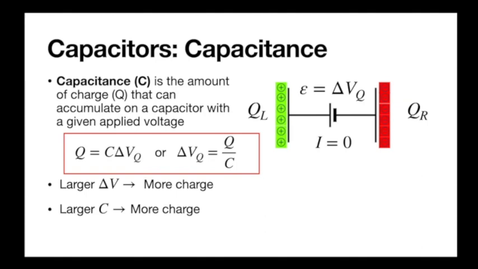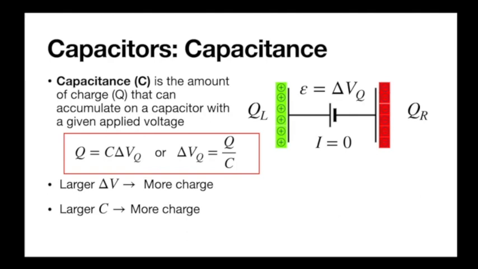So if I increase capacitance, in other words, make it easier to put charge on the plates, then the voltage drop is smaller because it doesn't require as much energy density to sustain that. The charges are less eager to leave the plate. So more charge, higher voltage difference; higher capacitance, lower voltage difference.